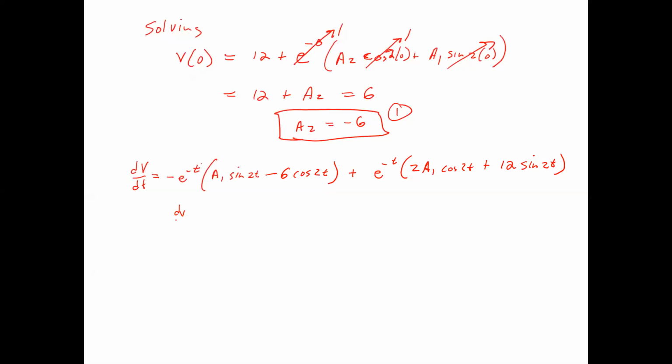So therefore dv dt at t equals 0, crossing out all the terms that don't matter, is going to equal 6 plus 2A1.